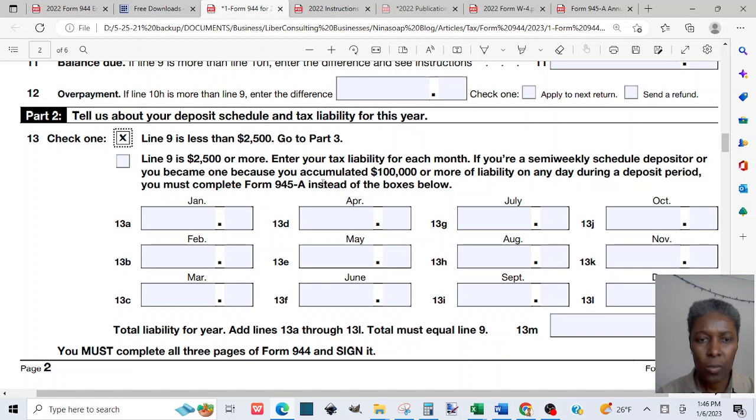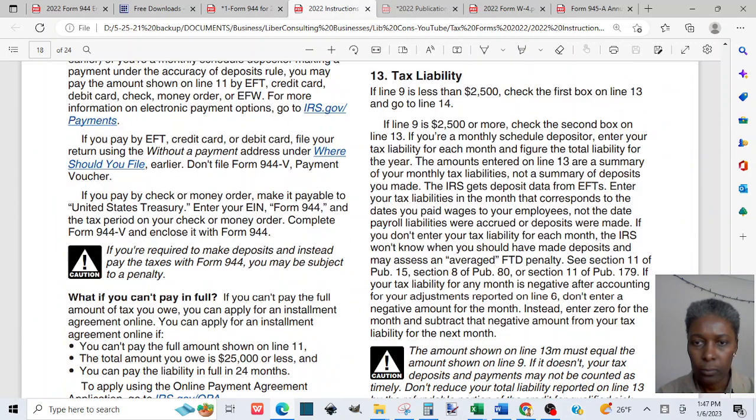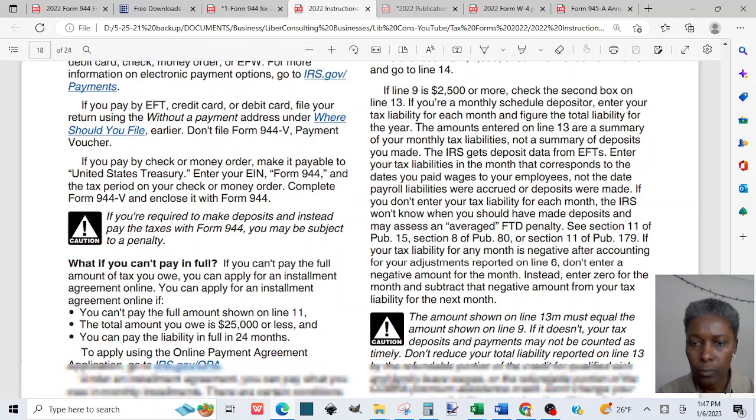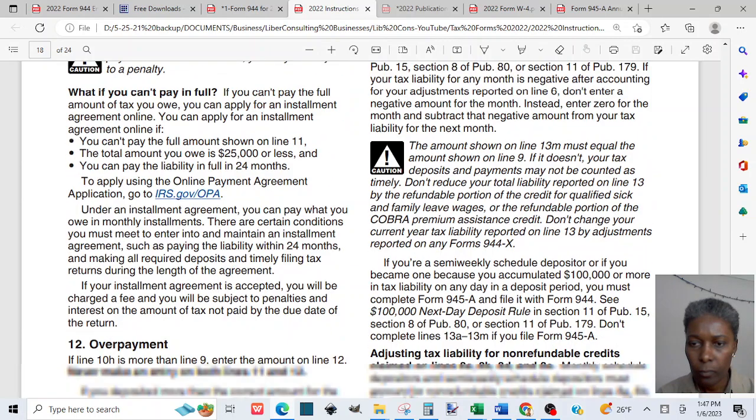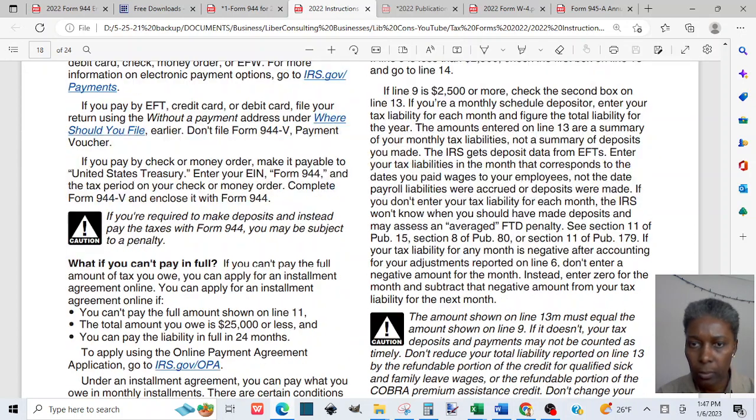And I don't really want to talk about monthly depositor and semi-weekly depositor, but let me see if my notes will point me. In fact, let's go to the instructions to see. It's not talking about it, but it will tell us the publication.